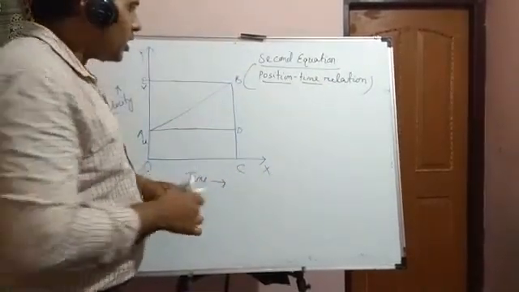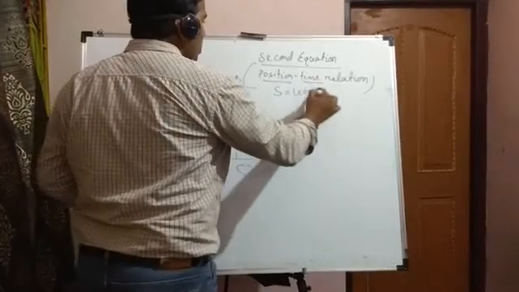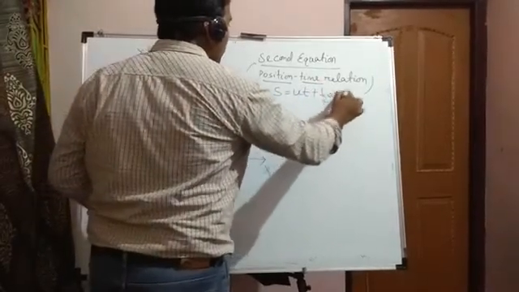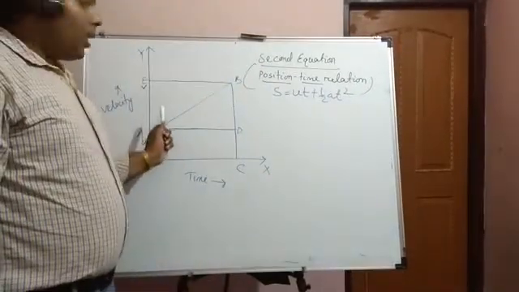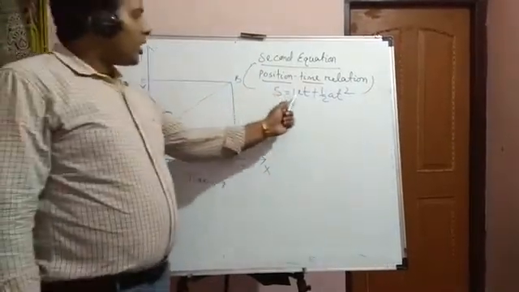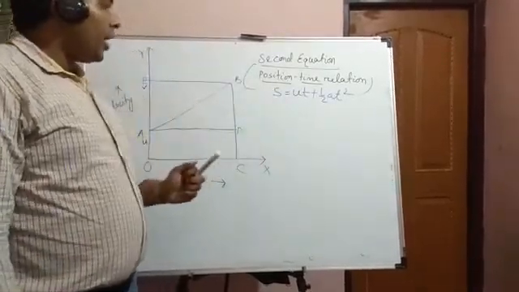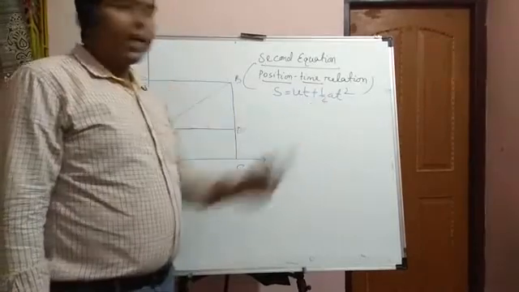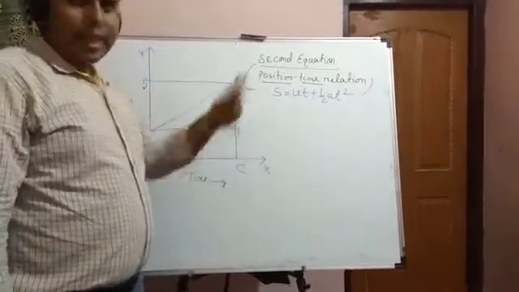So what is that equation? That equation is S is equal to ut plus half at square. Suppose the vehicle is moving with initial velocity u and uniform acceleration a. After time t seconds, it covers a distance s.